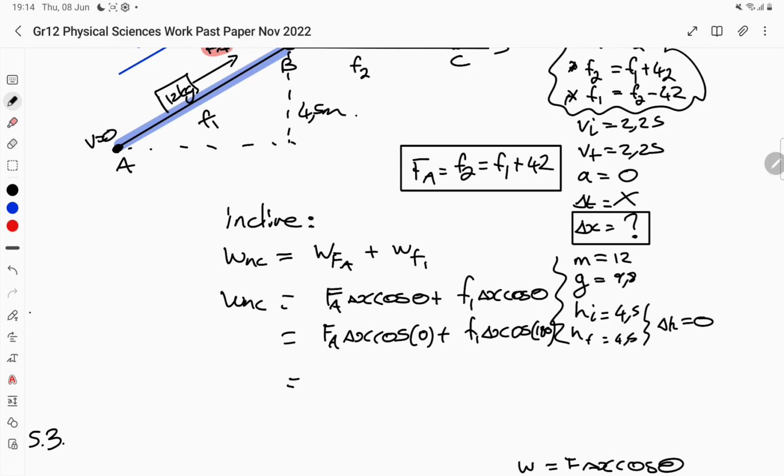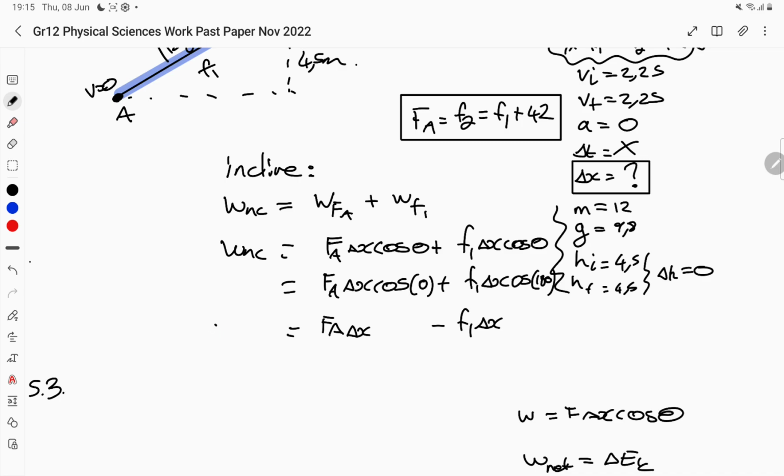All better. So now we will just get that cos out the way. So it's Fa delta x, and that cos 1 just falls away, minus the F1 delta x, which is equal to 559,58.